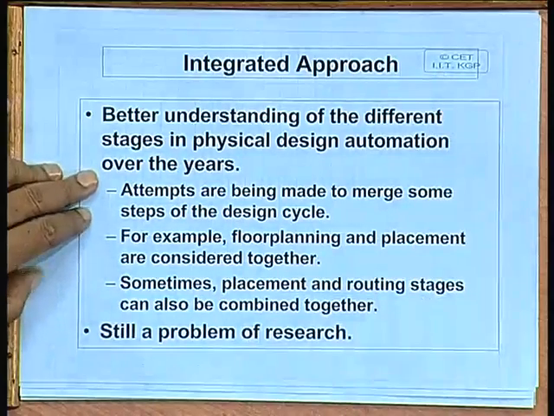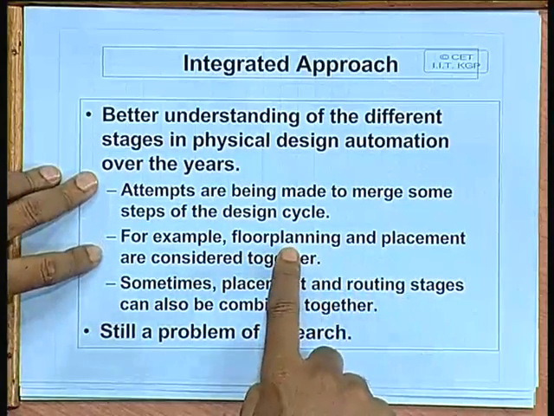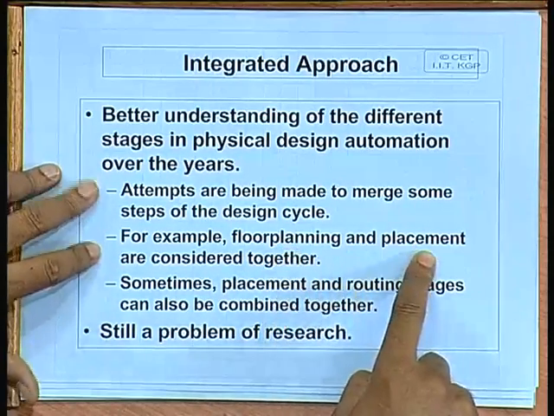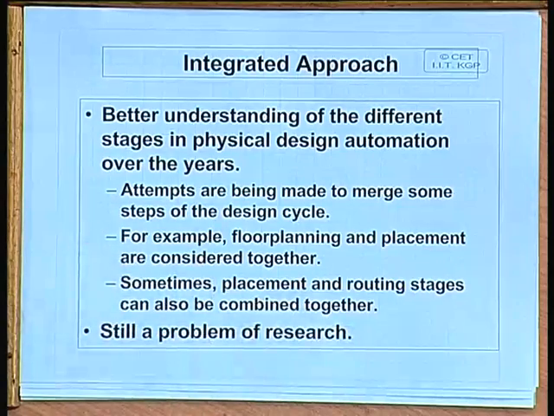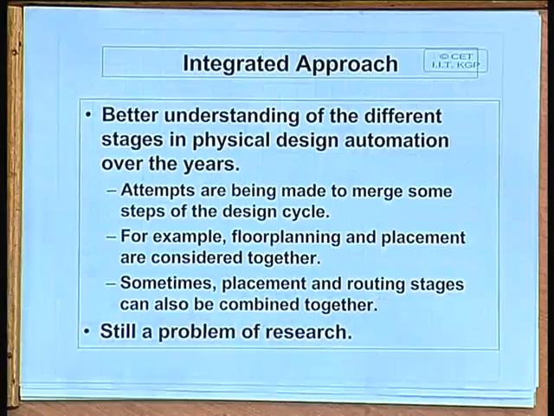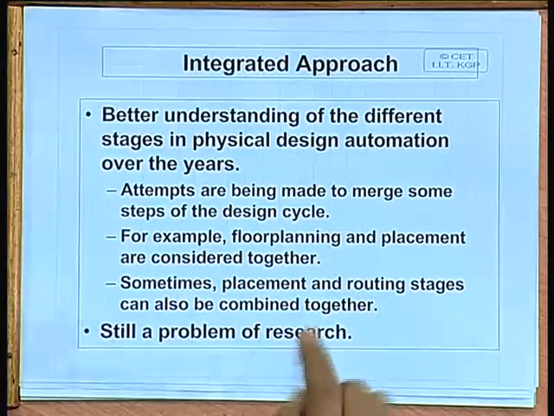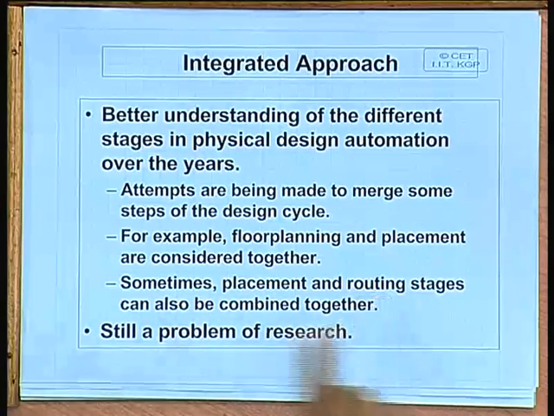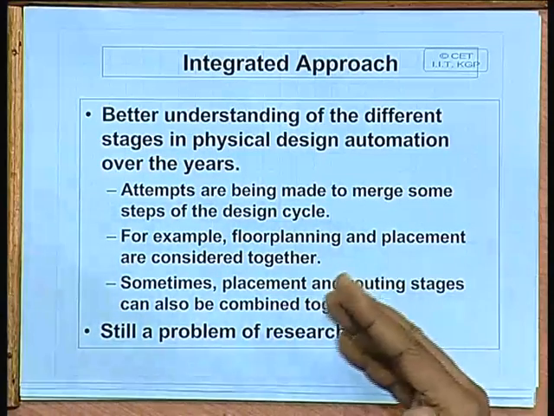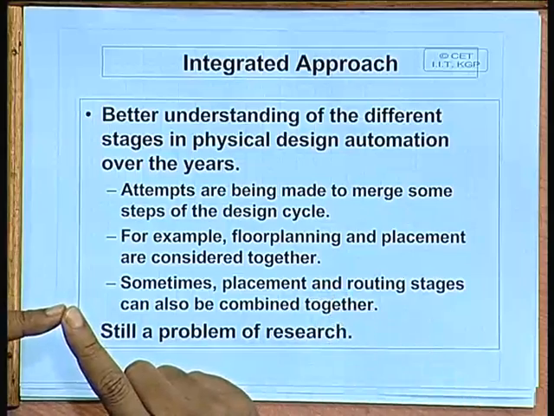Once you understand the different design stages much better, you can go for an integrated approach. For example, floor planning and placement are often merged together nowadays. They are not two distinct steps, they go hand in hand. Similarly, for some design styles, placement and routing can also be combined. While placing, you also do some processing on routing, so that the later interconnection effort gets reduced.